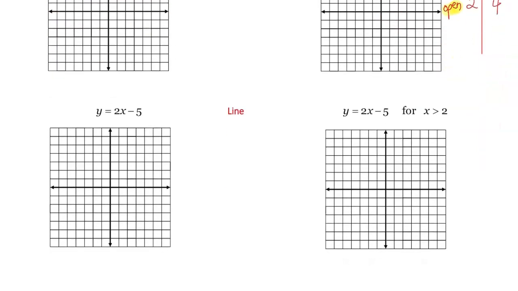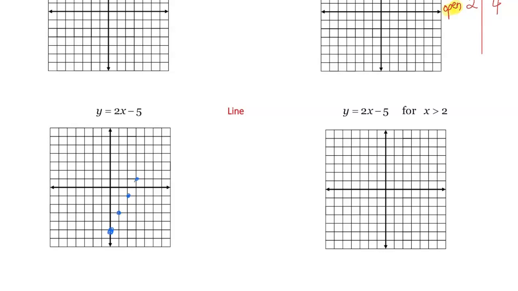Here's another line. It has a different slope than the first line we did. The slope is 2. The initial point is -5, so go down to -5: 1, 2, 3, 4, 5. And I'm going to go up 2 over 1, up 2 over 1, up 2 over 1. That gives me the pattern of my graph.